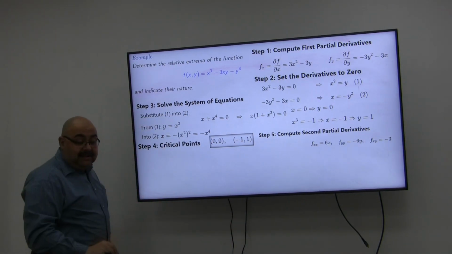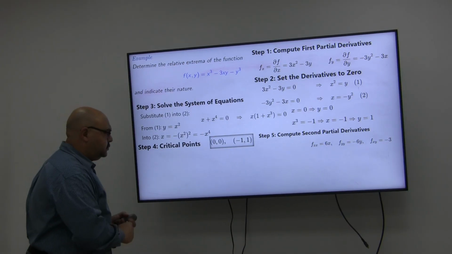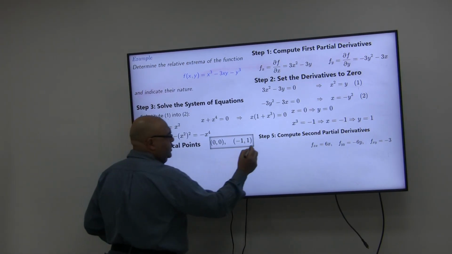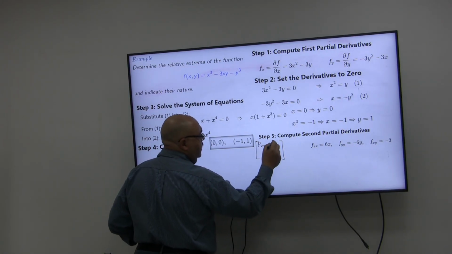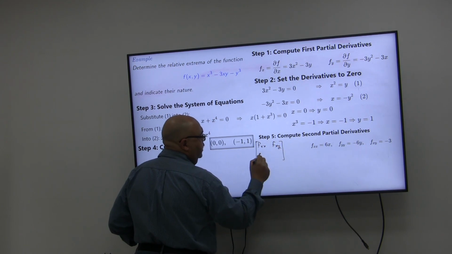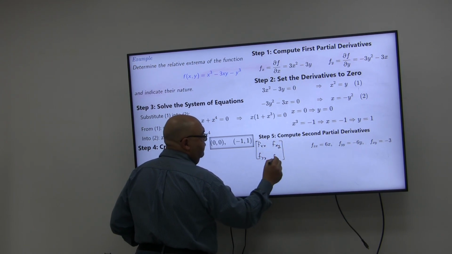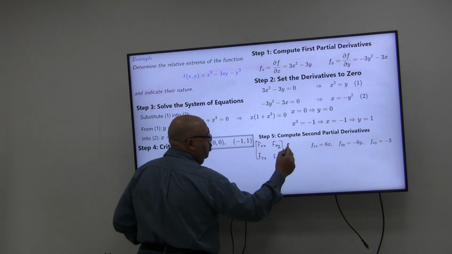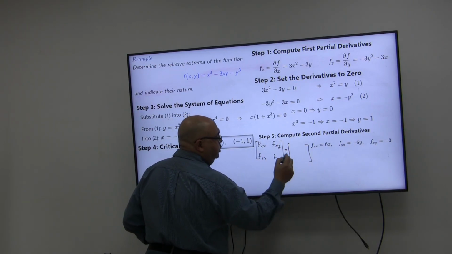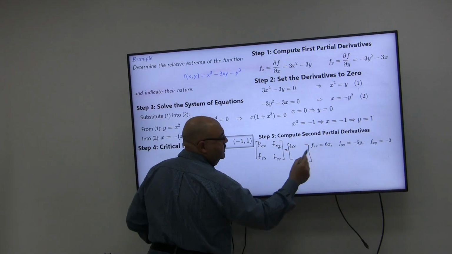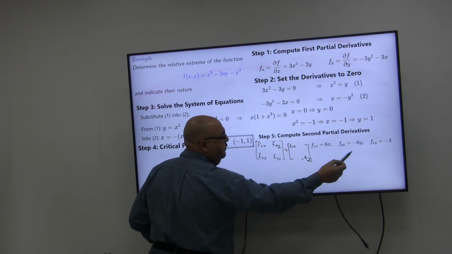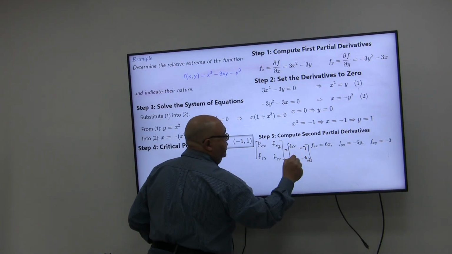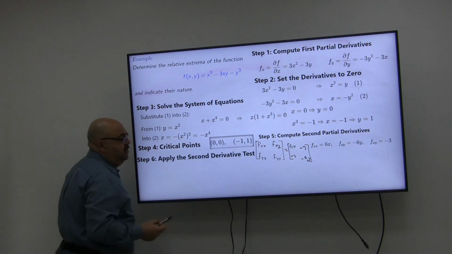Now I can get the Hessian matrix, which is simply f double x, fxy, fyx, f double y. According to this, from the substitution, it's going to be 6x, as you can see, negative 6y. Then instead of fxy, I will put negative 3 and negative 3.